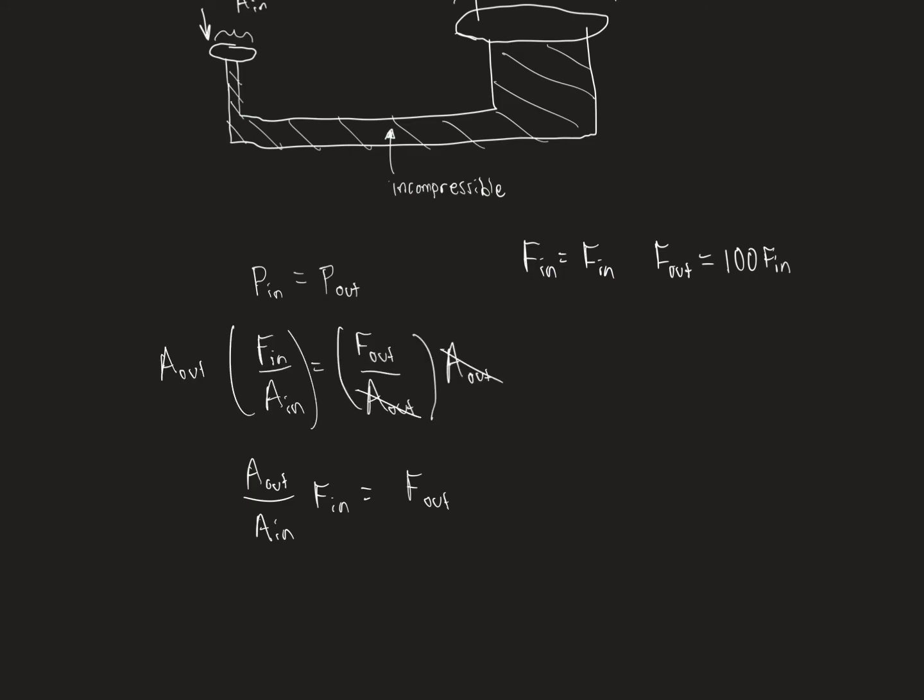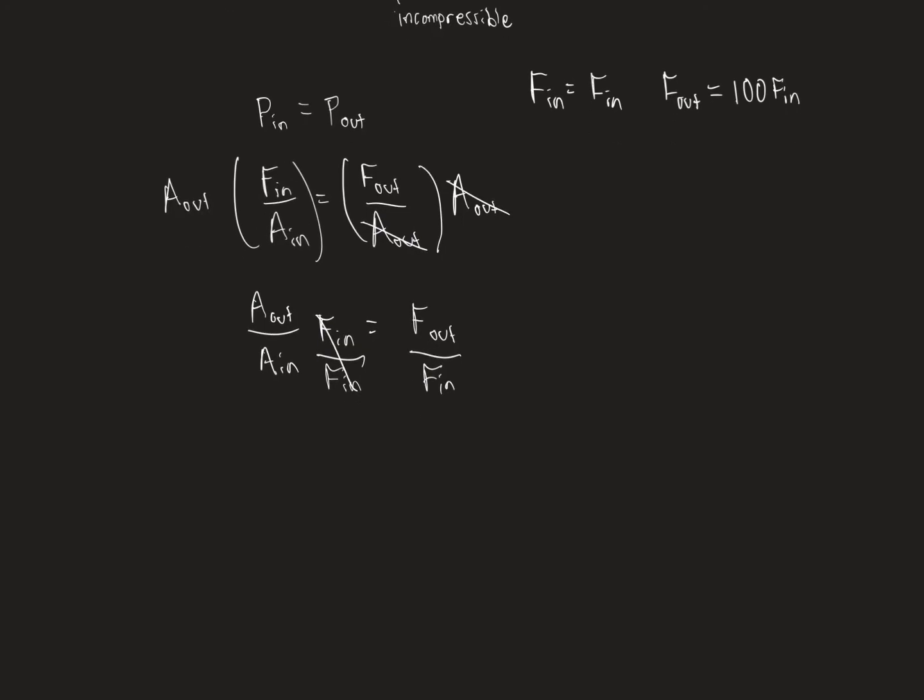Now what do I need to do? Divide by F in. F in cancels. And I have A out over A in equals F out over F in.